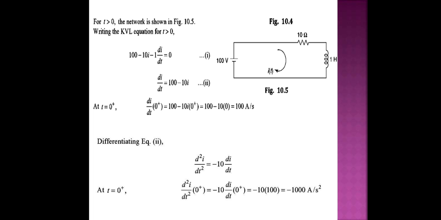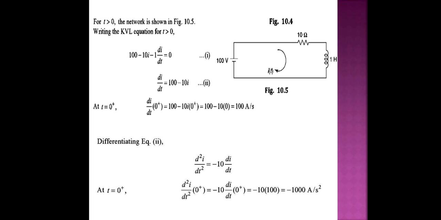Similarly, take t greater than 0. What happens? Apply KVL. The equivalent circuit has the inductor in it.